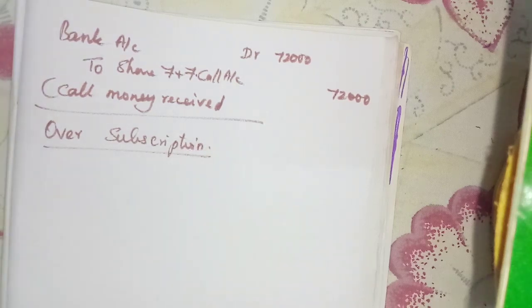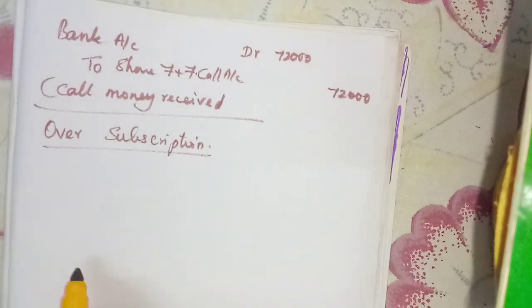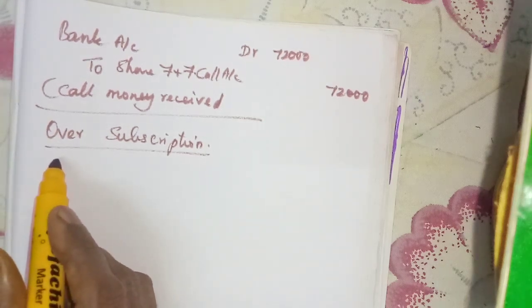But sometimes we may receive more applications than what they have offered for sale. They may subscribe more shares than they have offered. So that is called over subscription.